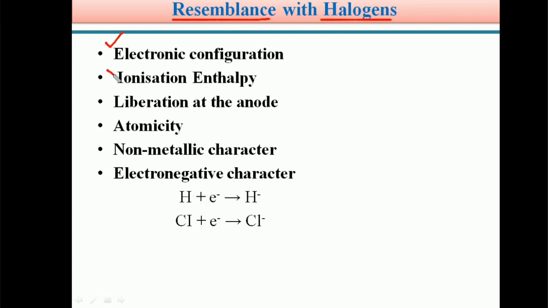Next one is ionization enthalpy. Students, we discussed that the ionization energy of hydrogen is around 1312 kilojoules per mole. This is somewhat near to the halogens. For example, chlorine's ionization energy is approximately 1252 kilojoules per mole.